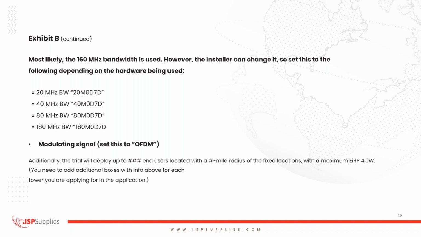Now it'll also ask you for number of users and the maximum radius that you're going to deploy. So pick a nice long radius, and then maximum EIRP of 4 watts, but make sure that you check the equipment certification on that. So that's it.